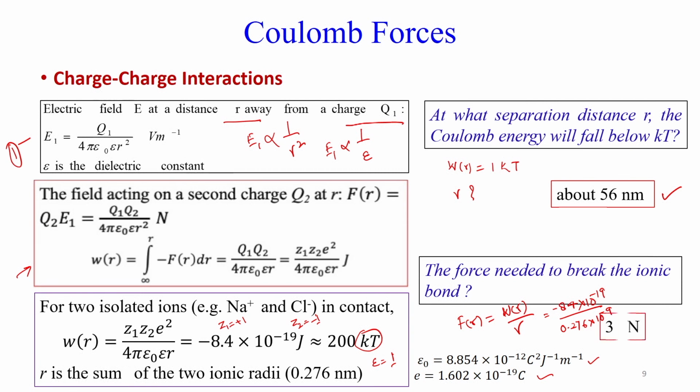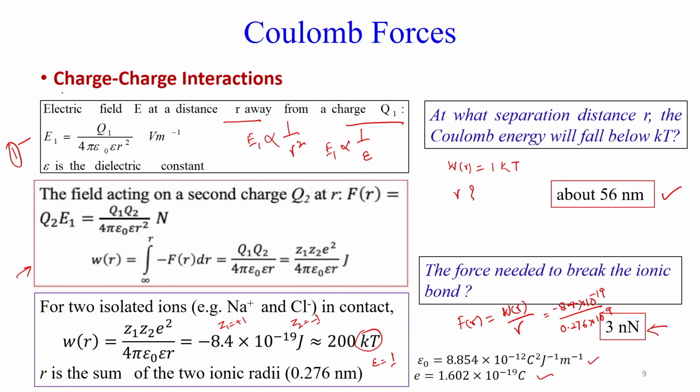So this comes out to be close to 3 nanonewton. So again, if you want to break the ionic bond, you require this much force. Again this is comparable to the strength of the covalent linkage.